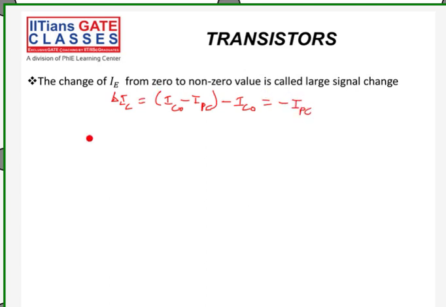That is the change I want to show you, because IC is equal to ICO minus IPC, and minus ICO gives minus IPC.